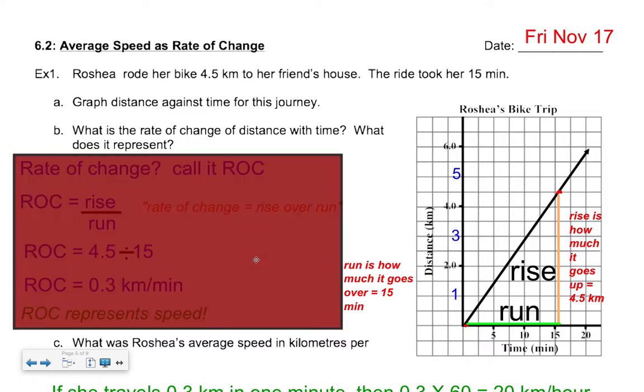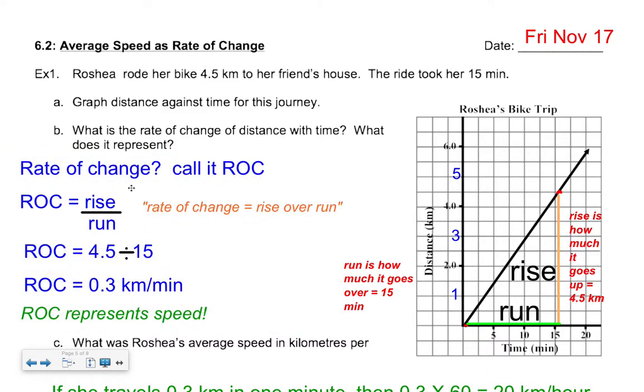But underneath here, rate of change, for writing purposes, I just say ROC. I don't write the word rate of change. So ROC for rate of change, and that's what it says here. What is the rate of change of distance with time, and what does it represent?